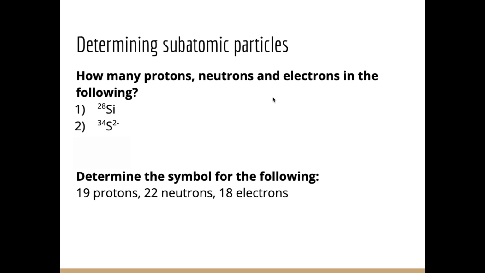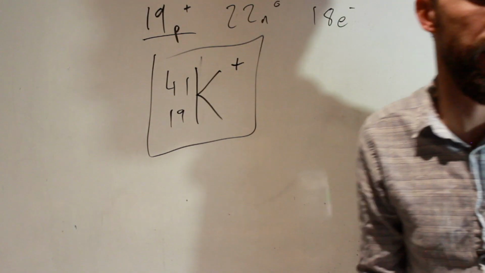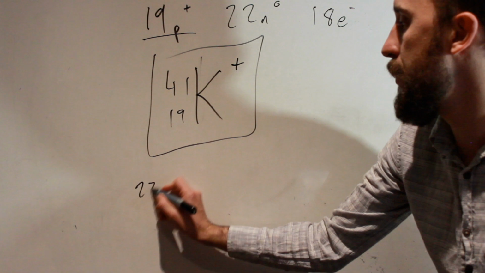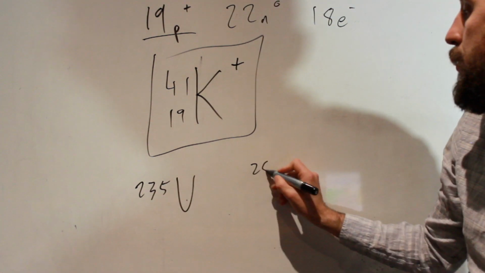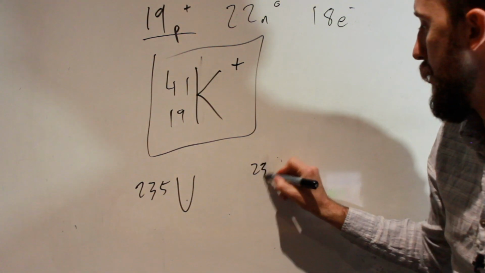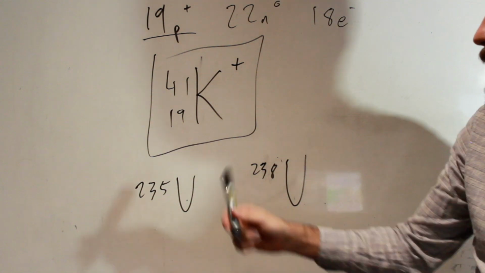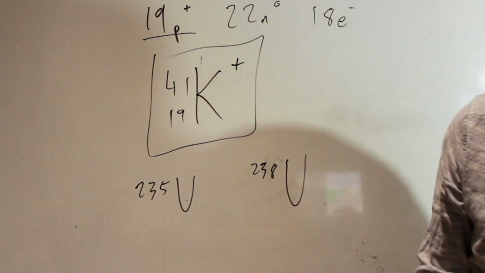Last kind of question that we might get on this kind of thing is determining the number of neutrons in each isotope. This is an example that we looked at from the very first lesson we had, the 2 common isotopes of uranium, uranium-235 and uranium-238. So if we've got 235 uranium, 238, not 288, 238 uranium. We can get the number of neutrons in this case by just subtracting the atomic number from the mass number.